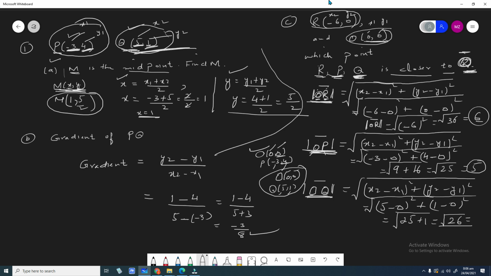It means that R is further than any of the other 2 points, that is P and Q. So which is the closest point? P will be the closest point, because the distance between O and P is 5, the distance between O and R is 6, and the distance between O and Q is a little over 5.